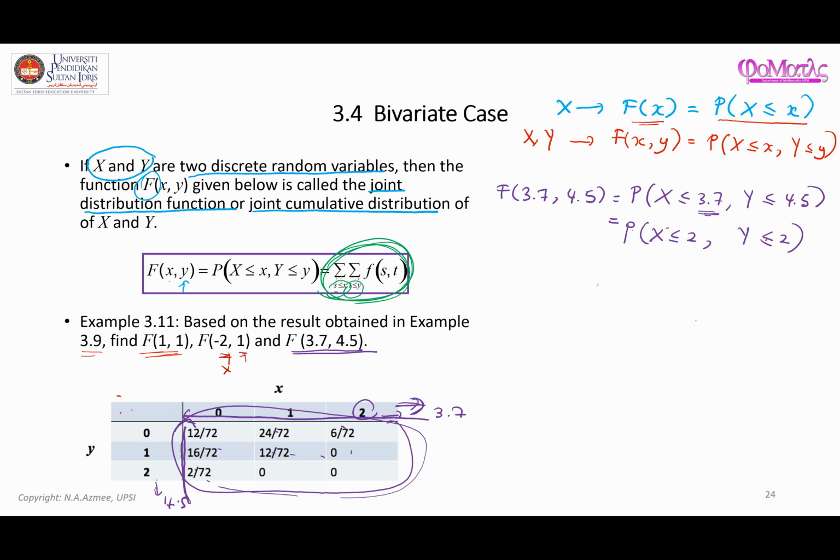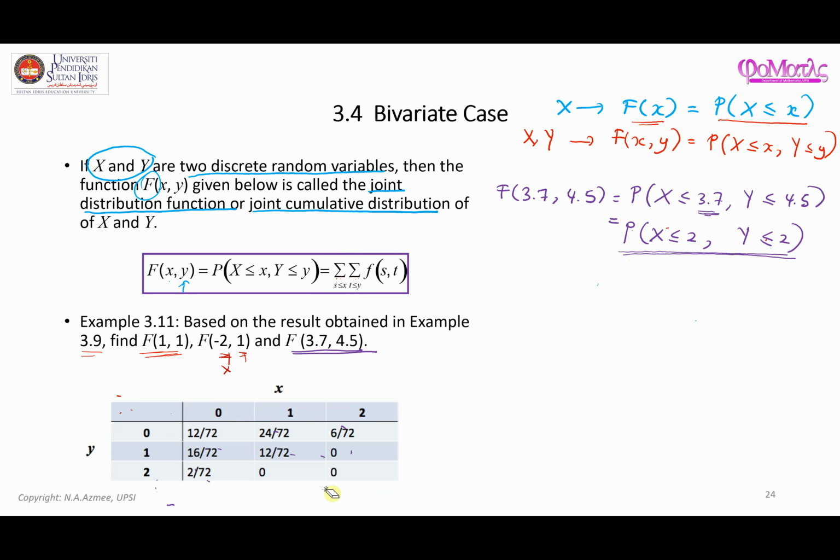Okay, so now let me explain how this can be mathematically described using this process, especially this double summation here, where some students might find it difficult to understand what it really means. We're just going to illustrate that process here, although you already know the answer is 1. According to the formula here, you are looking to add the probabilities of having s less than or equal to the value of x.